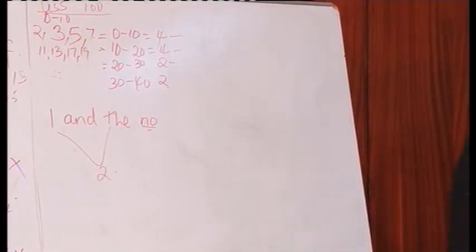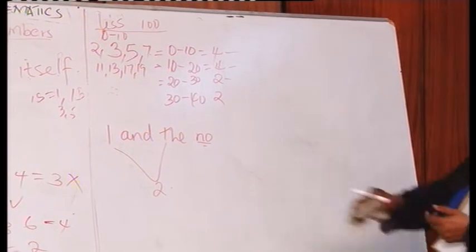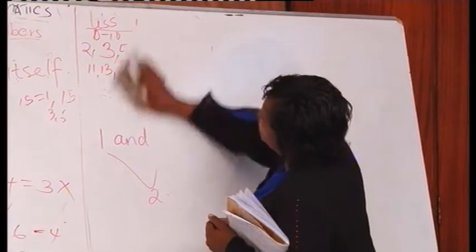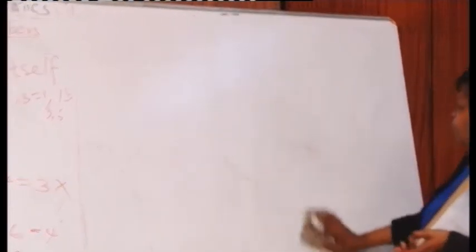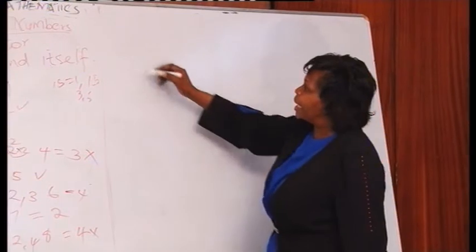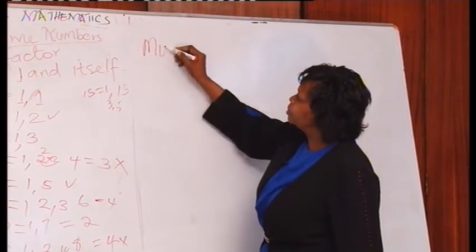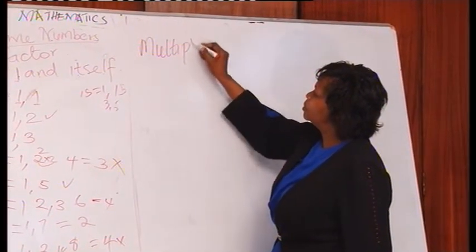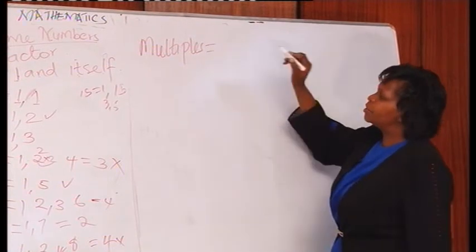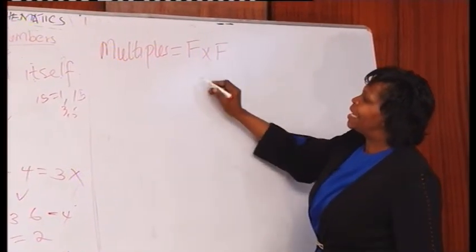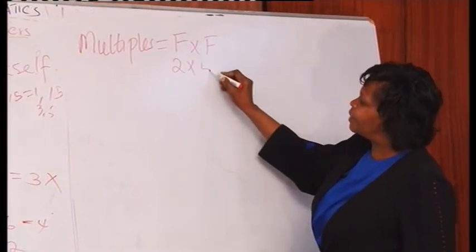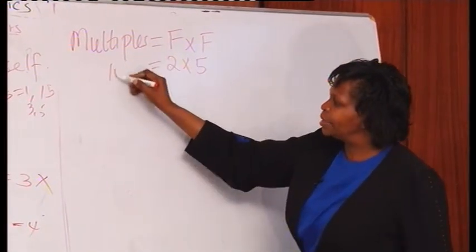Now, when we have done the prime numbers, this will help us to get the prime factors of any number. What do you mean by factors? In class 4, we said that multiples equal factors times factors. Meaning, if I multiply 2 times 5, I'll get 10.